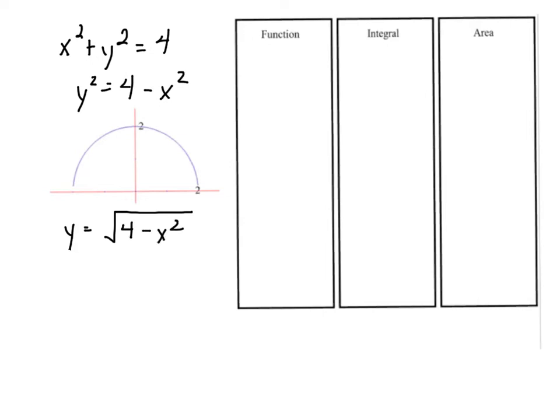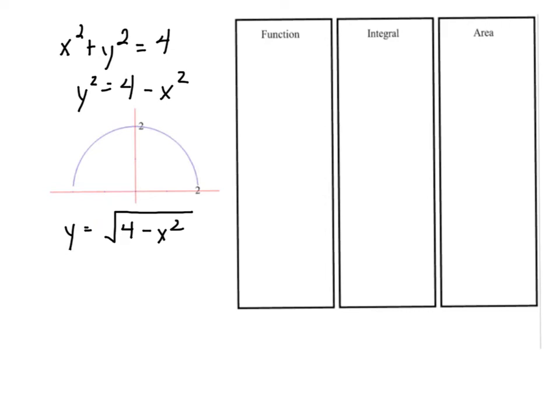Now I'm going to put a little plus or minus here, because notationally that should be there. But I'm only talking about the top half of the circle, which means I'm only talking about the positive part. So I'm going to take that out, because the function we're looking at is just the positive square root of 4 minus x squared.